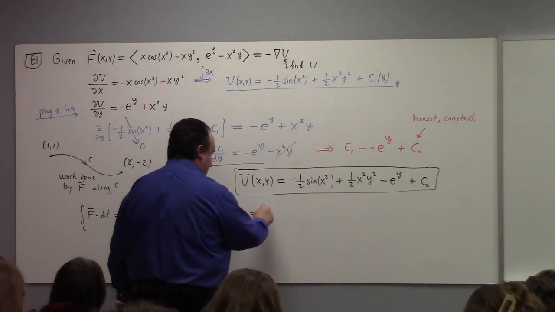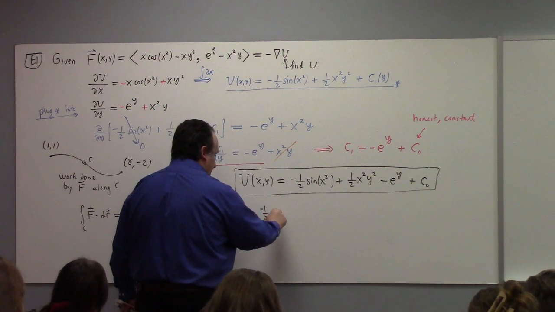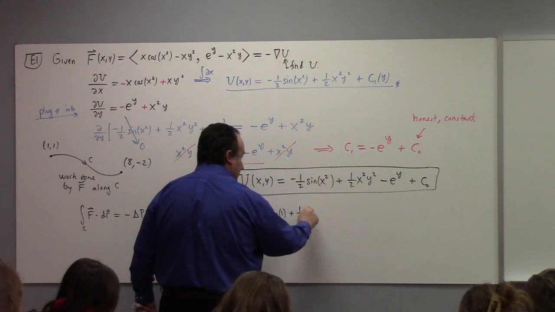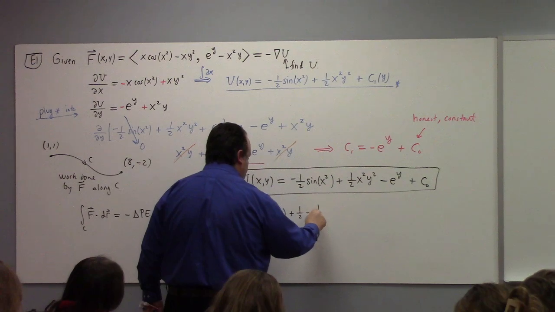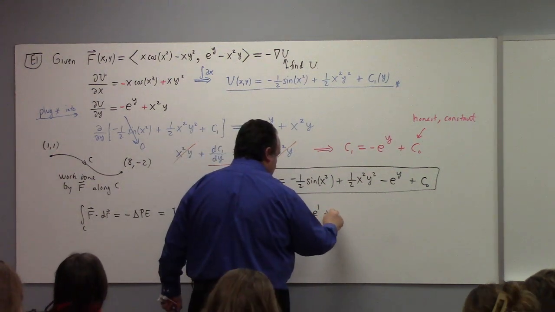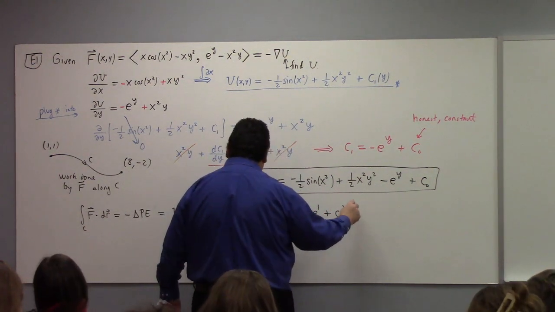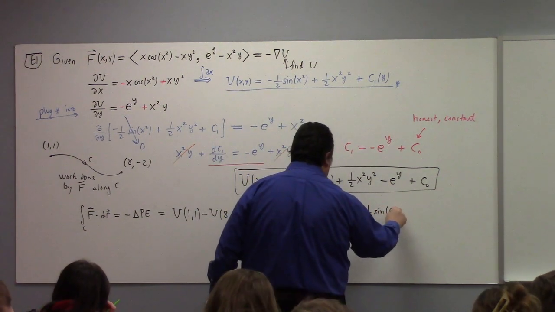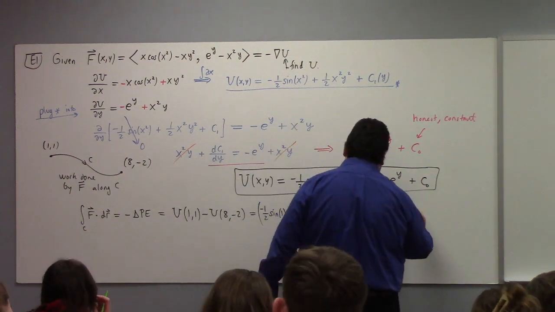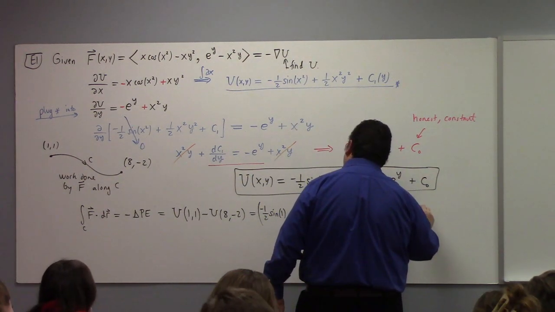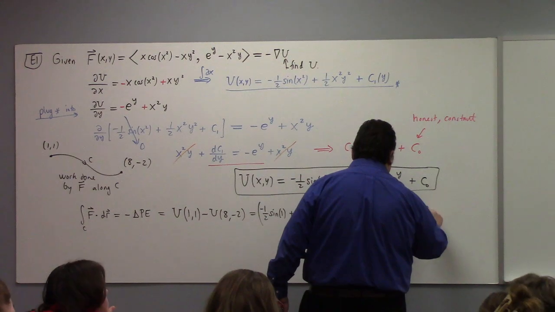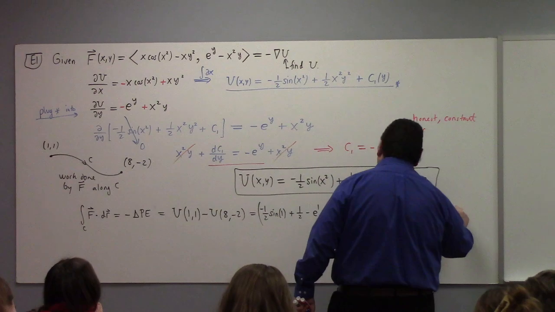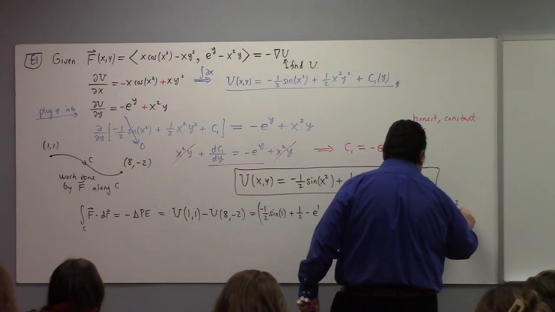I guess I can work it out. Minus 1/2 sine of 1 plus 1/2 minus e to the 1 plus the constant, minus, minus 1/2 sine of 64 plus 1/2 of 64 times 4 minus e to the minus 2 plus the constant.